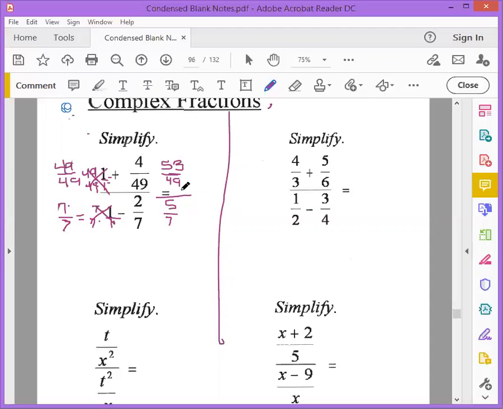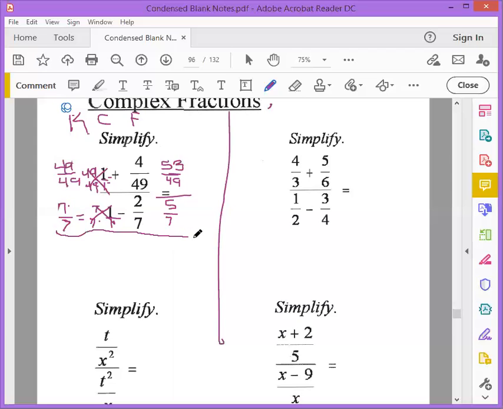Now what we learned about dividing fractions is when you divide by a fraction, 5 sevenths is a fraction, that is the same as multiplying by its reciprocal. So the steps we learned using this acronym is that we keep the top fraction the same.